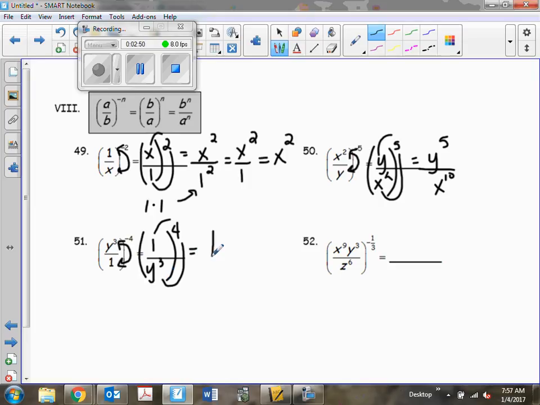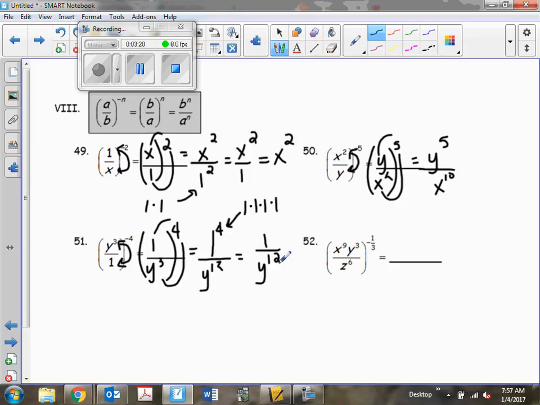So we would end up getting 1 to the 4th on top over y to the 12th, because a power to a power is saying 3 times 4. Now remember, we can simplify this down a little bit because 1 to the 4th is saying 1 times 1 times 1 times 1, and that is just 1. So my answer here is 1 over y to the 12th.